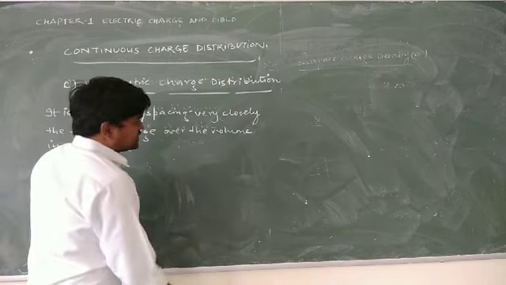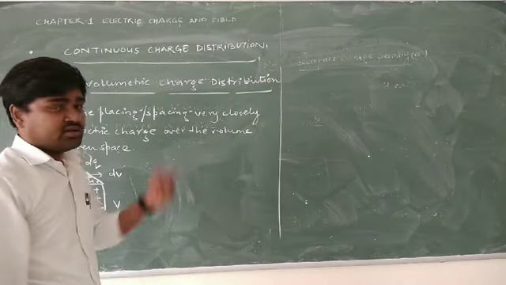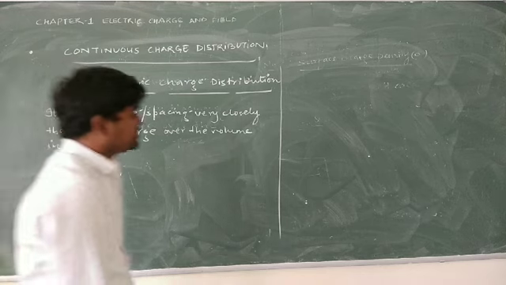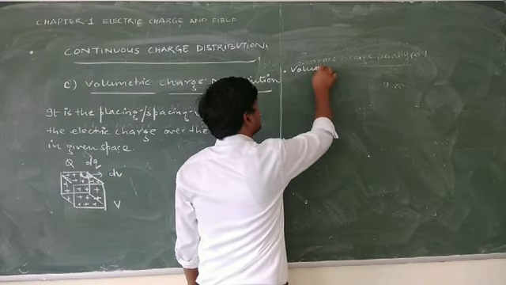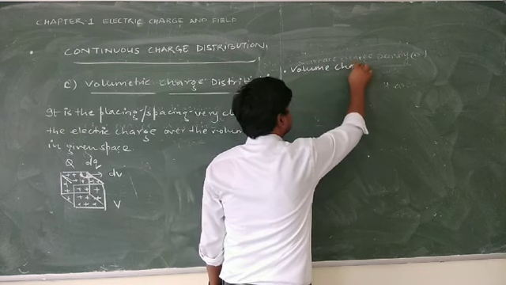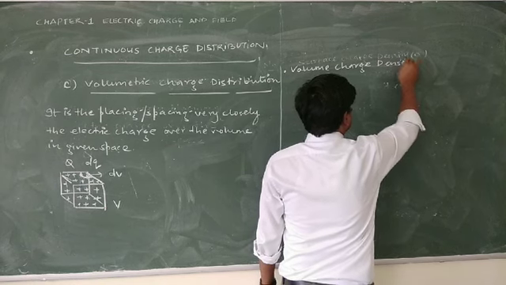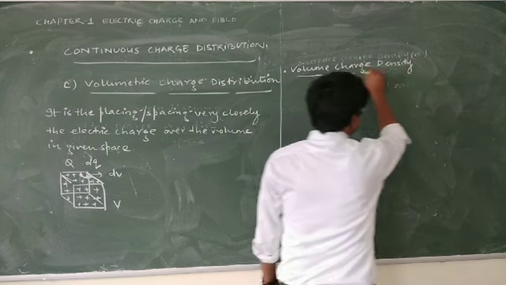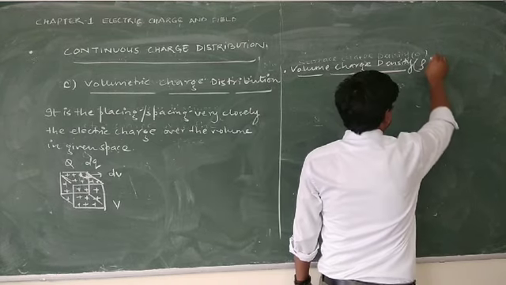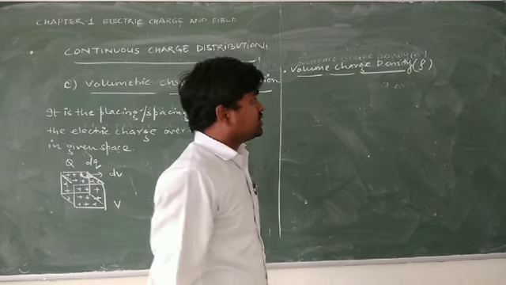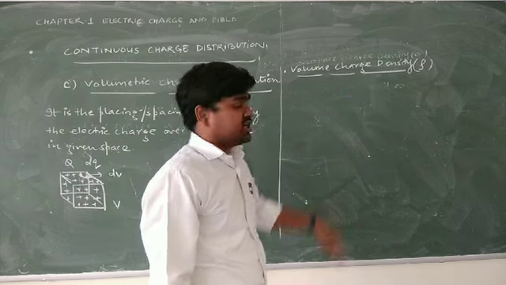So similarly as previously, we have a small definition which will be used in the numericals, that is volume charge density. That is represented by rho. Here we are using rho for the volume charge density.